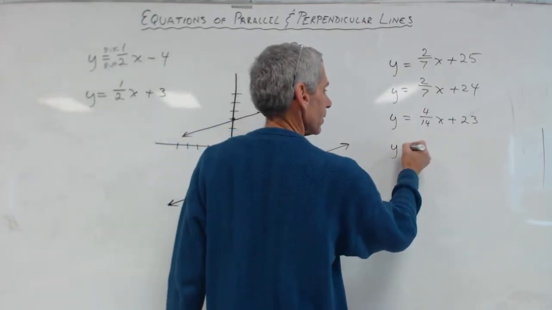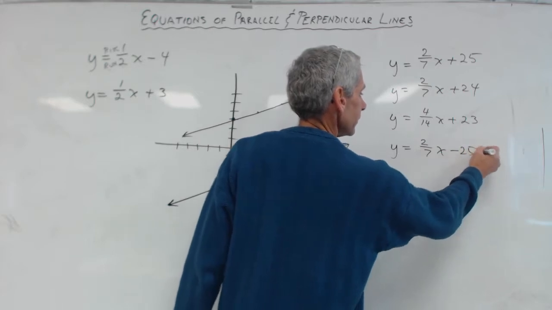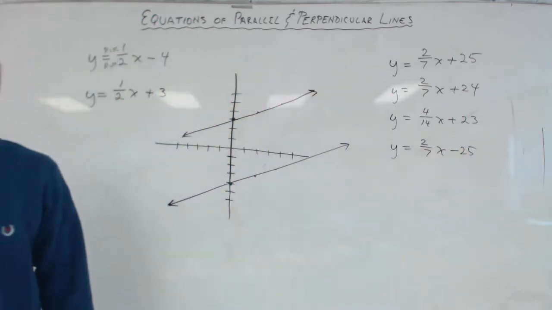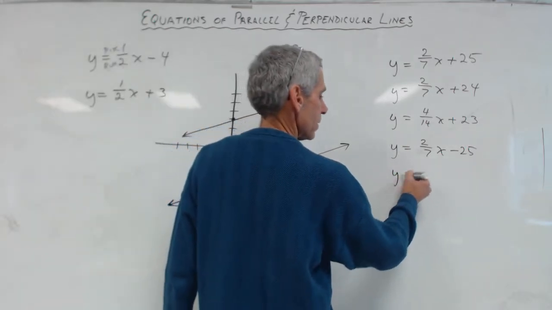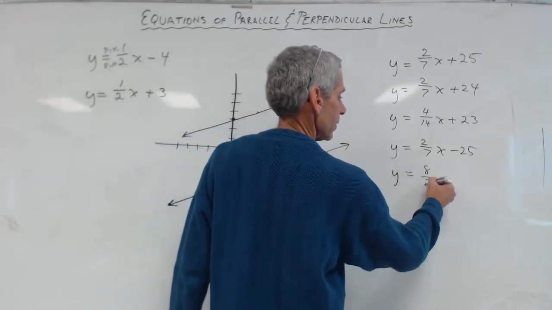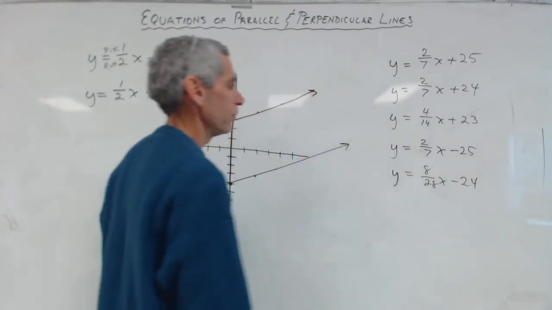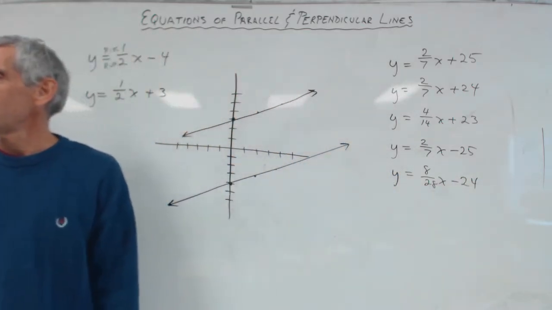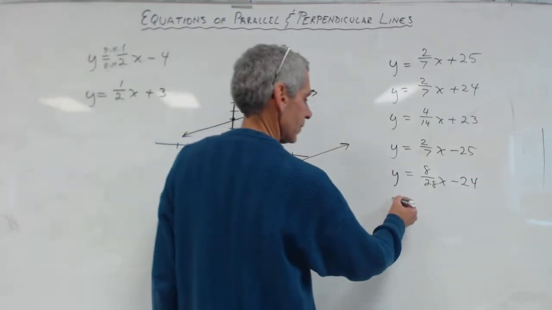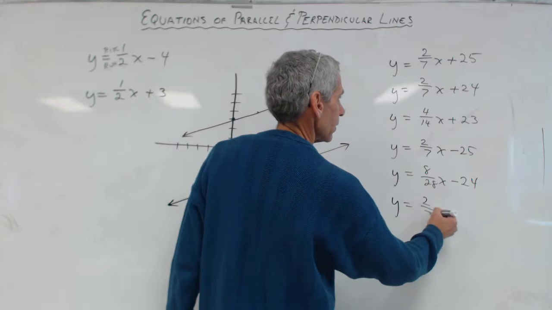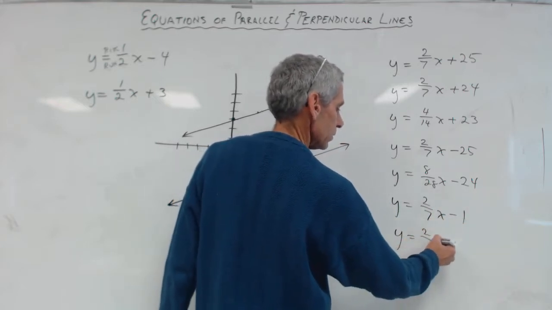Y is equal to 2/7x minus 25. Yes. Somebody else? Y is equal to 8/28 x minus 24. Yes. Y equals 2/7x minus 1. Yes.